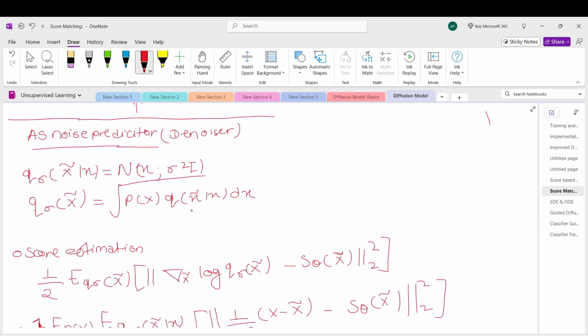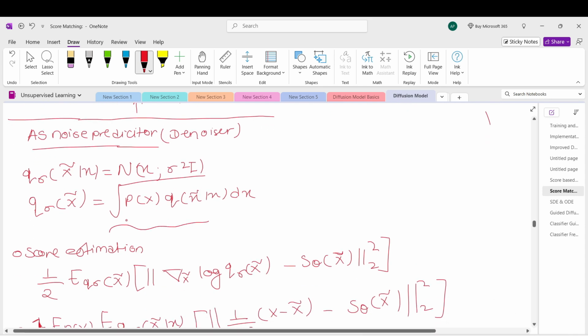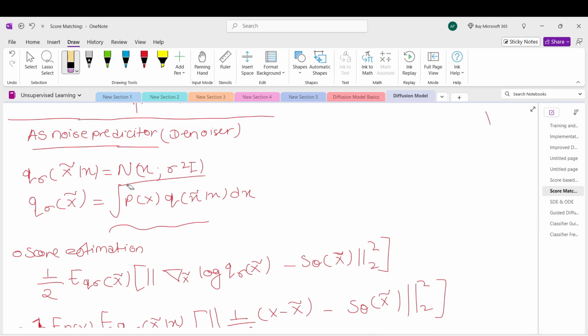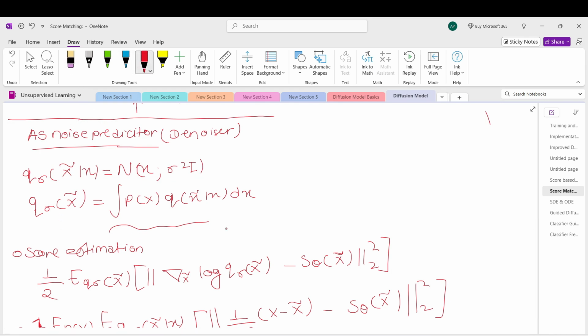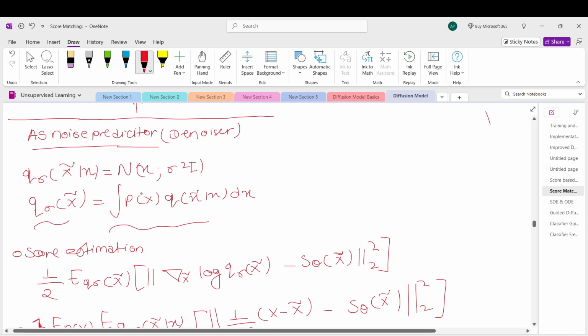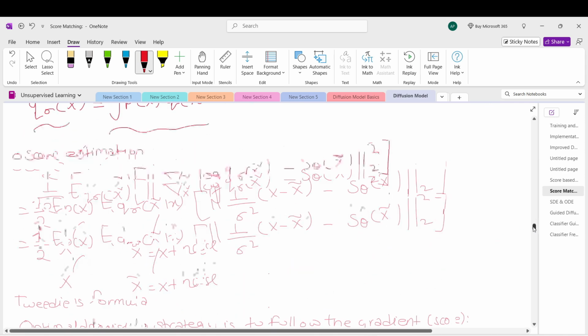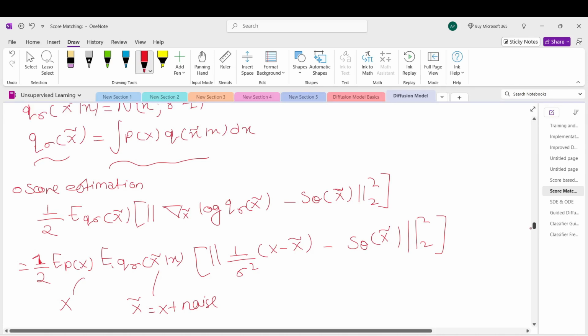And this q sigma is this distribution. So q sigma has this form, and if we look here, the question is how the score estimation actually happens.